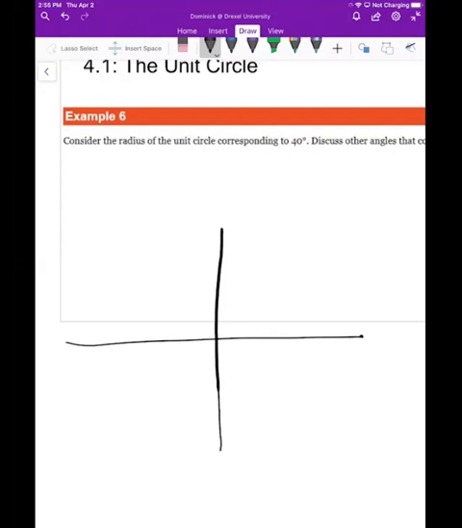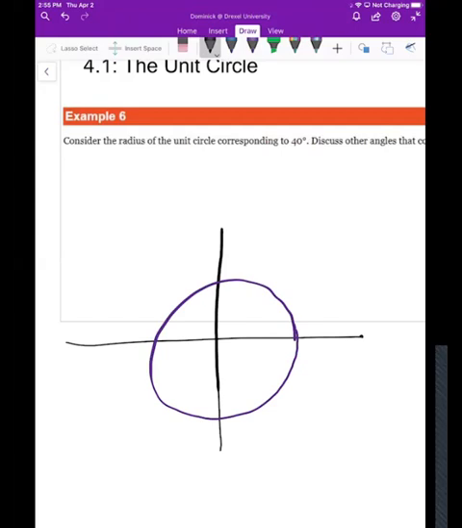So let's pretend that on the unit circle, let me just draw a circle here. And let's look at the angle 40 degrees, okay? So 40 degrees is going to be a little less than 45, so it's a little bit less than halfway, and I should maybe make this a little better.